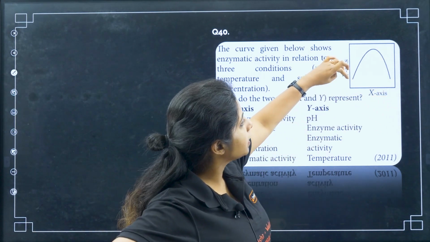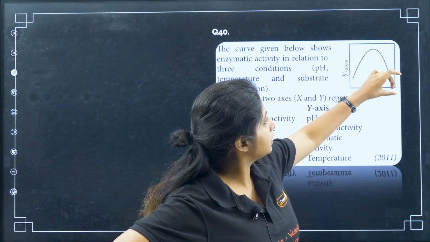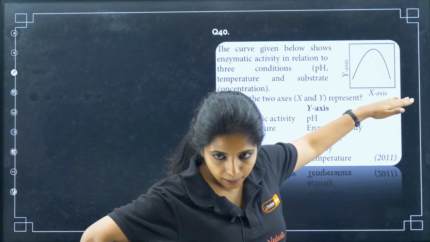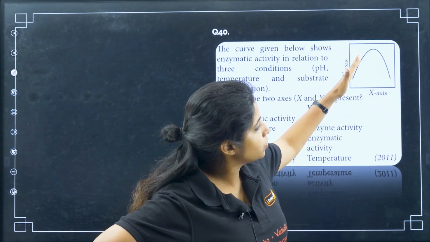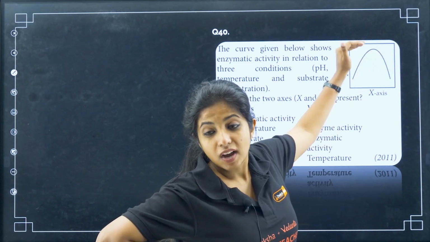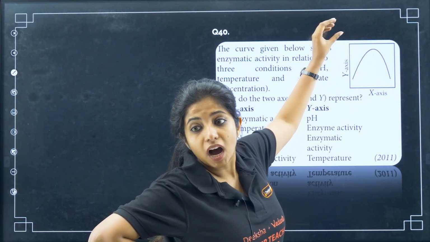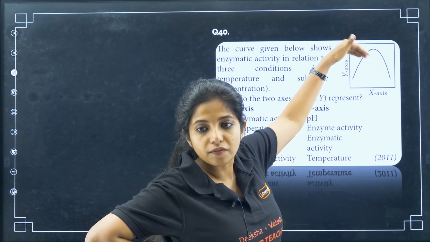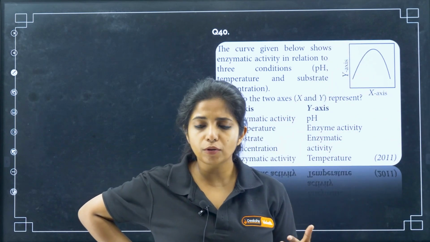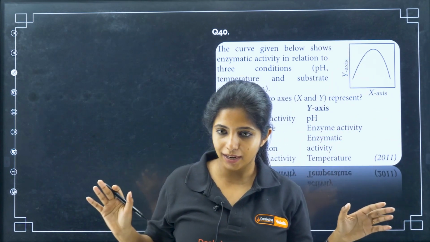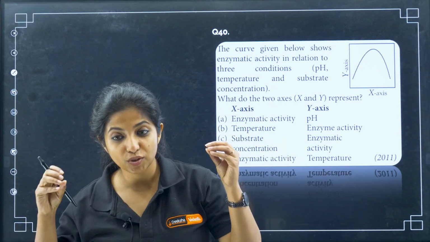Why I am telling you is that, yes, when the pH and the temperature is kind of high at this point of time, slowly enzyme activity obviously increases, but after a certain point of time, after the optimum pH or temperature, it will be dropping down. If you are increasing the temperature more, the activity is not going to be great. It is going to be less. Okay, it is going to be bad.